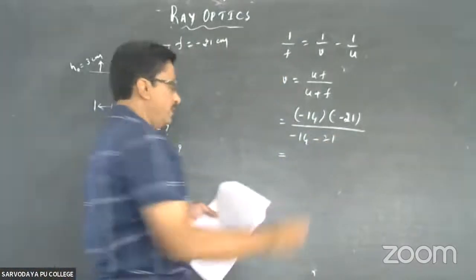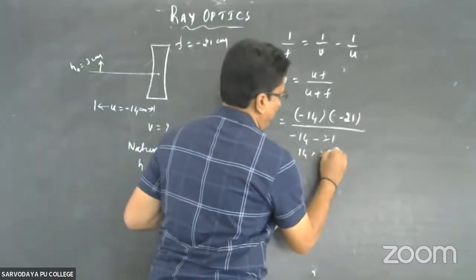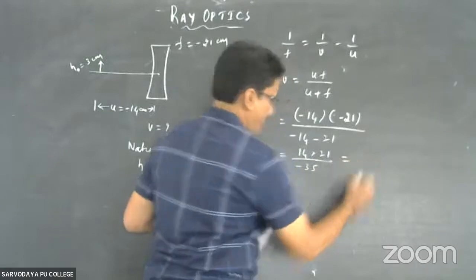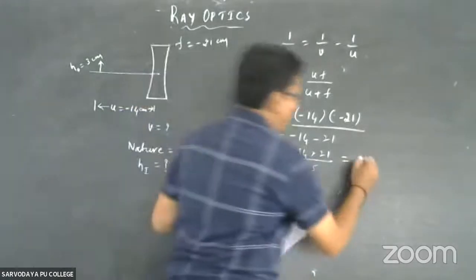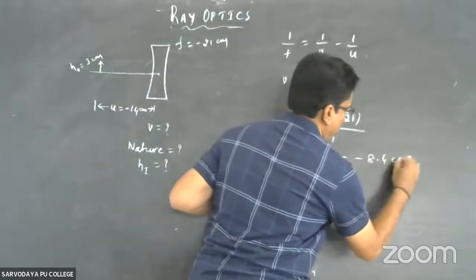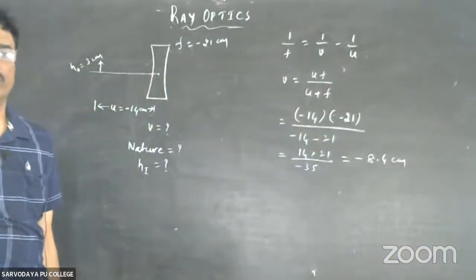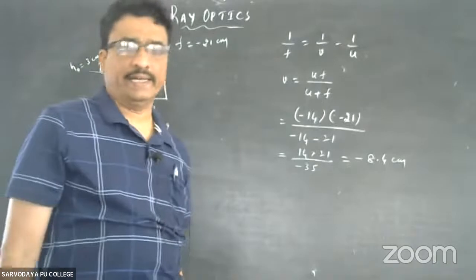Therefore, it is 14 into 21 divided by minus 35. This is minus 8.4 centimeter. That means v value we are getting negative.